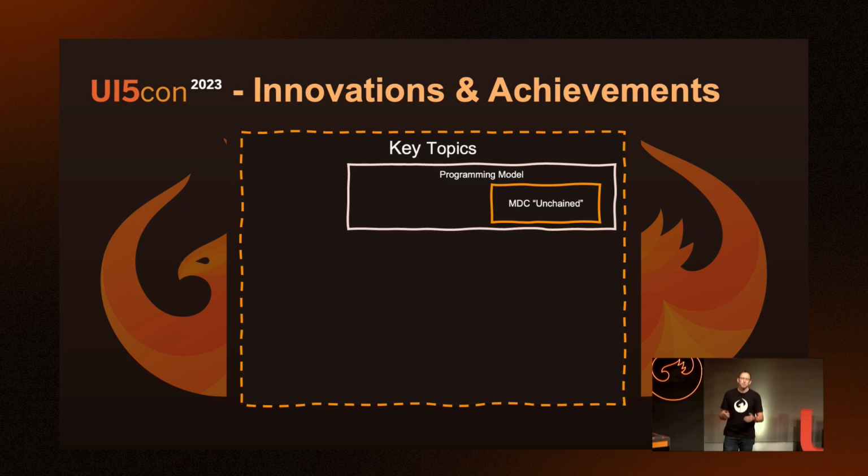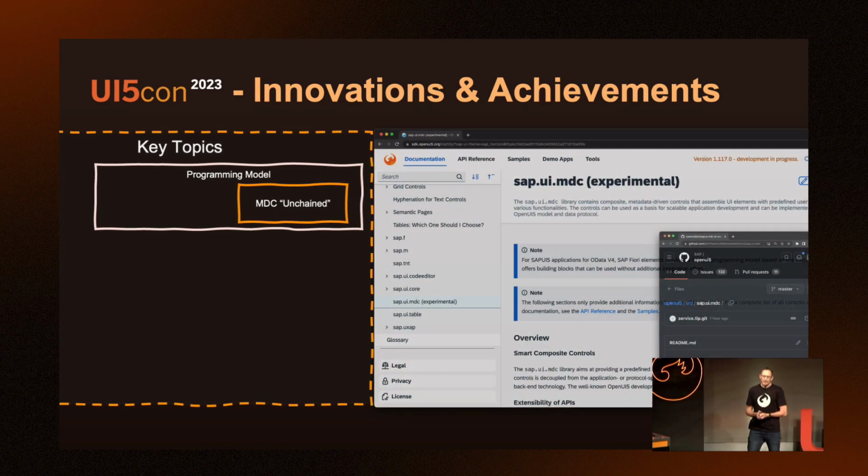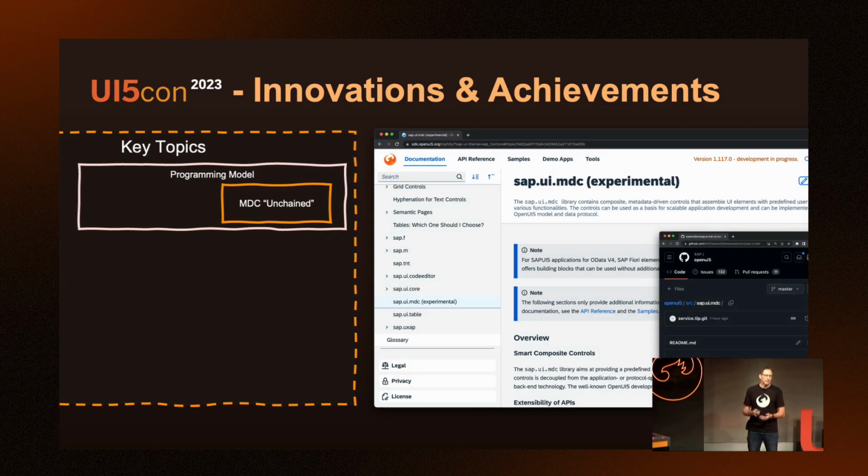The protocol-specific part is now added by Fiori elements, the building blocks and the macros, so we have a nice architecture. The news is that we have now released these metadata-driven controls with UI5 version 115. It's in open UI5, and it's also part of the documentation, and you can start.